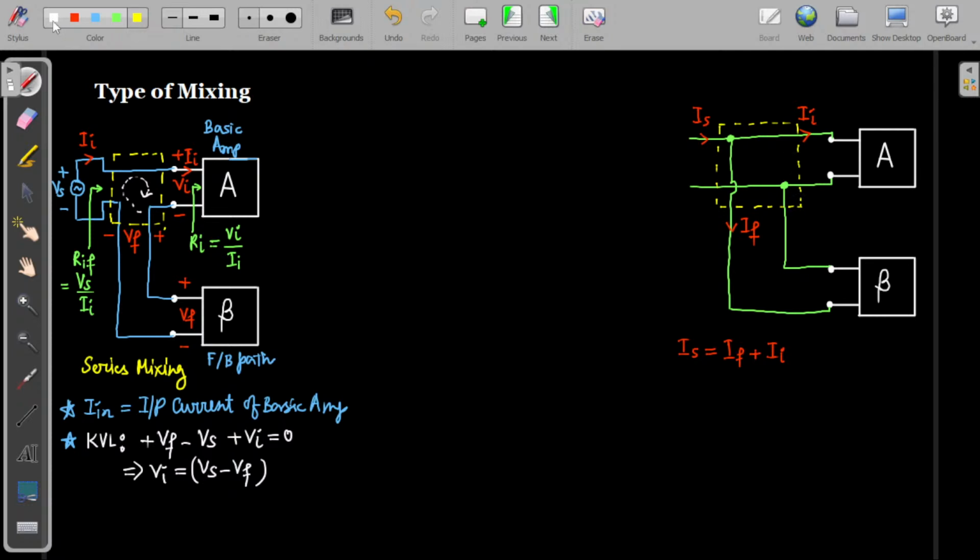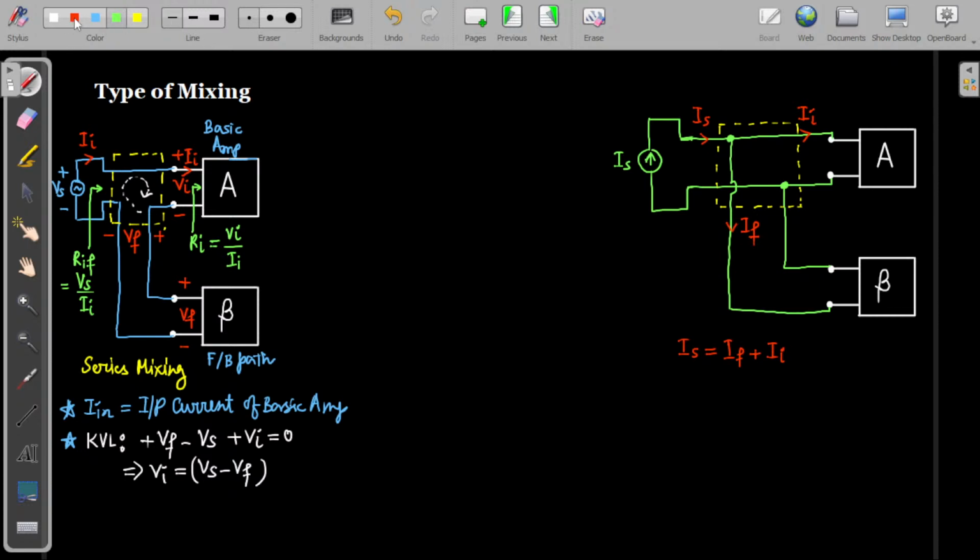So now we can assume that यहाँ पे आपका IS करंट आ रहा है. ओके, और IS करंट मतलब यहाँ से आपका एक करंट सोर्स है, IS करंट सोर्स. So this is the IS current source, and that is divided into two parts. One is IF, another one is II.